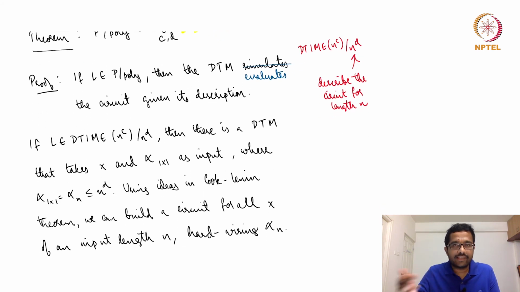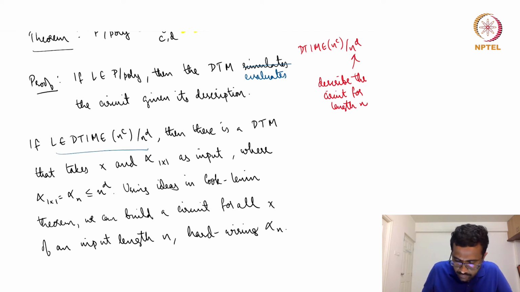Now let us see the other direction. Suppose L is in DTIME(n^c) / n^d. So this means there is a Turing machine that takes x as input, and for each input length it has a different advice string, where the length of the advice string is bounded by a polynomial.